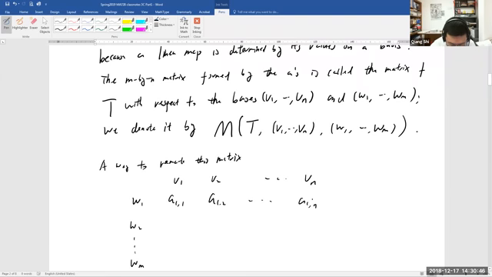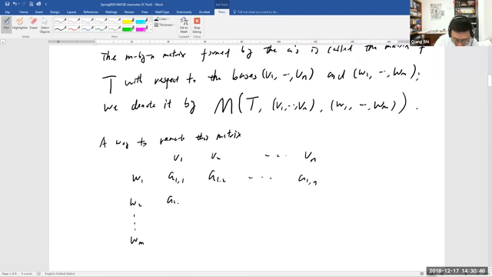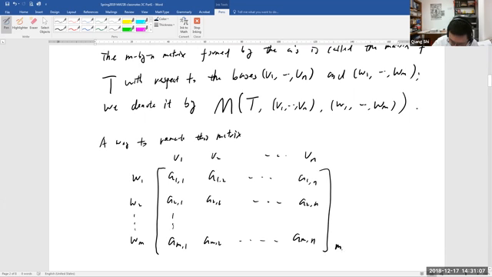The second row is A2,1, A2,2, up to A2N. And the last one is AM1, AM2, up to AMN. Okay, so that I think will be a nice way to help you remember where this matrix comes from and which number goes to which.